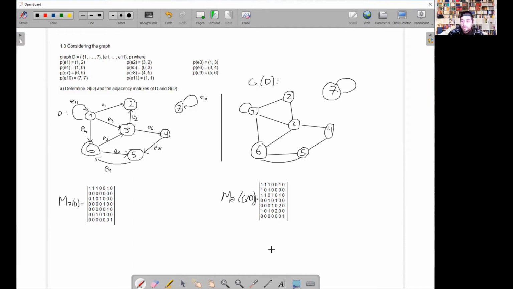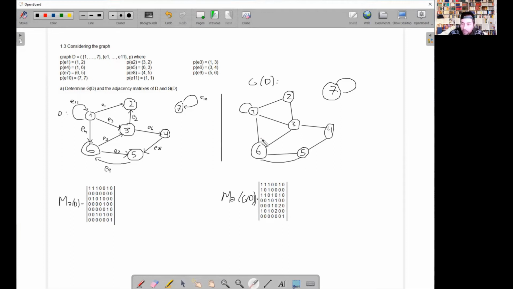Okay, so what's the difference between these two matrices? As you can see, we have more ones on the matrix on the right, because now the links are bidirectional, right? So that means that this link, for instance, doesn't join only one, doesn't go only from 1 to 6, but also from 6 to 1.